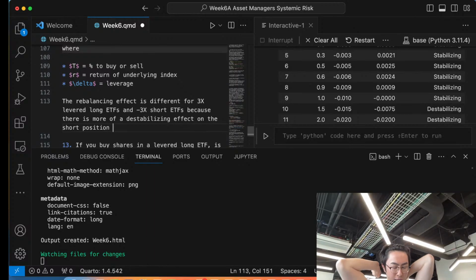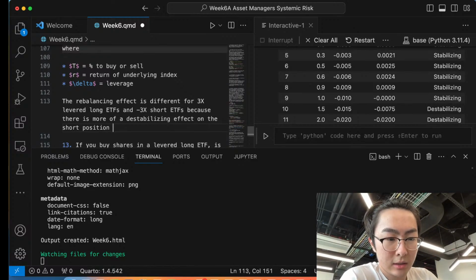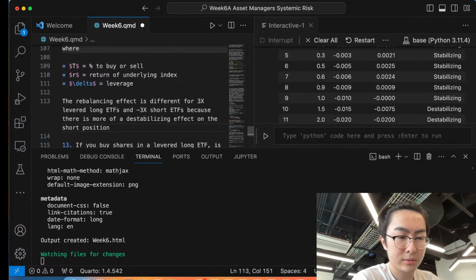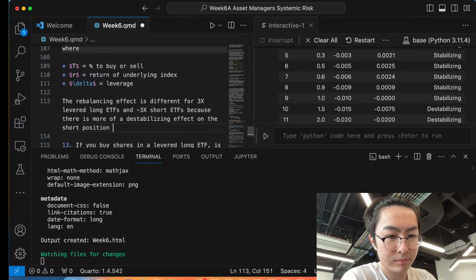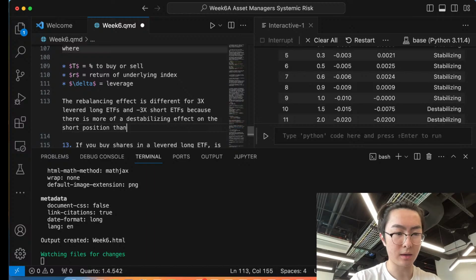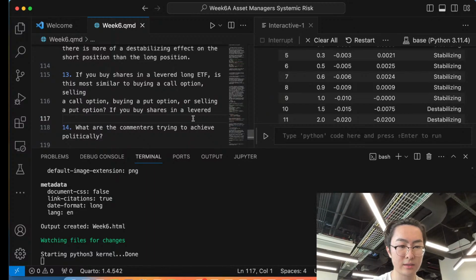I'm not too sure exactly how to word this, but there's already 100% exposure built into the 3x long position. Okay, I'll just end it at that.